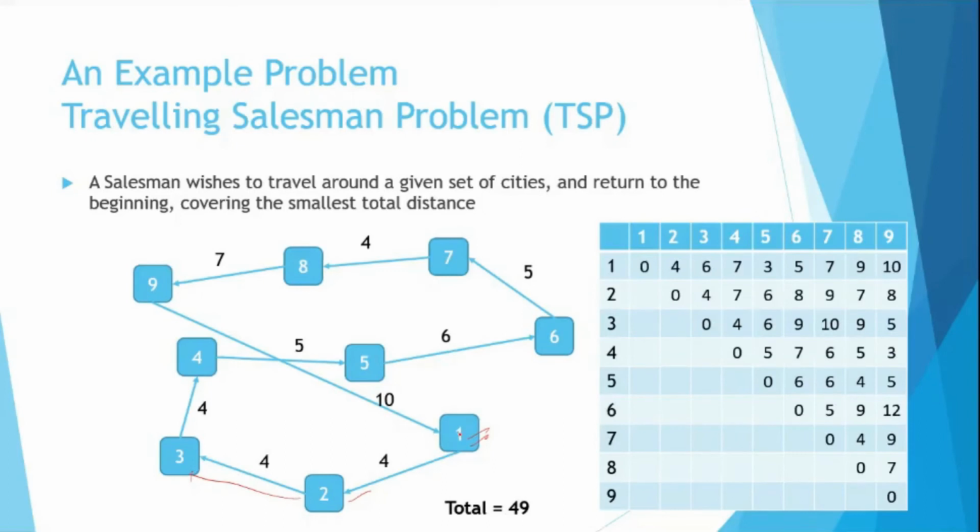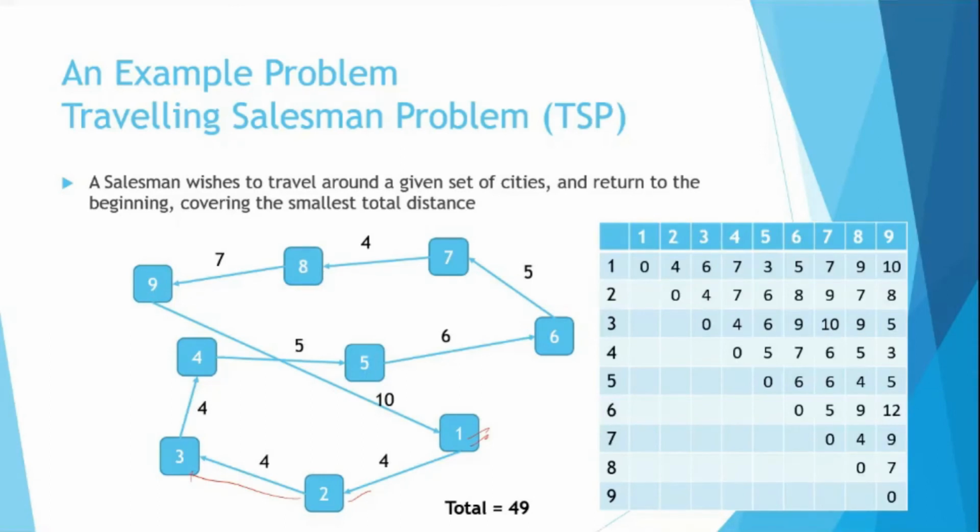The distance from 1 to 2 is 4. Then 2 to 3 is again 4. 3 to 4 is again 4. Then 4 to 5 is 5. 5 to 6 is 6. Then 6 to 7 is again 5. So all the distances are added together: 4 plus 4 plus 4 plus 5 plus 6 plus 5 plus so on. All those added together give you the total distance 49.